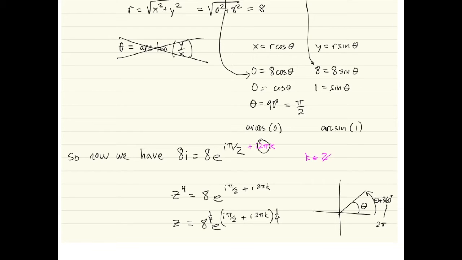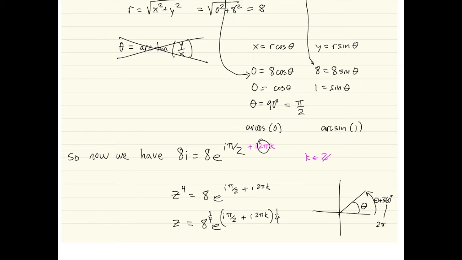So on the unit circle, we're at the point 0, 1, and that corresponds to an angle theta of 90 degrees, which in radians is pi over 2. You should always use radians, although I think in terms of degrees, so that's why I've written 90 degrees here.